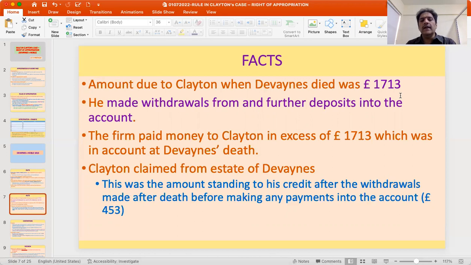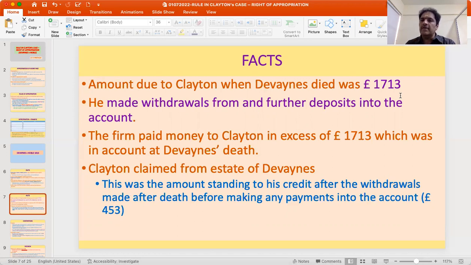So Clayton claimed from the estate of Devines. This was the amount outstanding to his credit after the withdrawals had been made after the death, but before making any payments into the account. So a balance of about 4,453 pounds was the claim that was made.